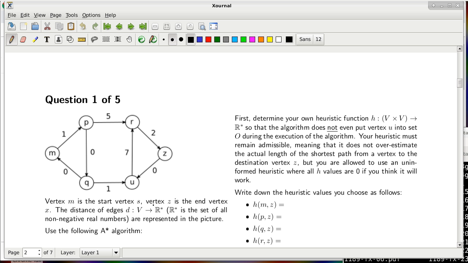So this is our start vertex, and then vertex Z is the end vertex. So this is the start, this is the end, and we want to avoid putting vertex U into the set completely. I want this vertex not to be put into the set O, so you have to come up with the H values so that that happens.